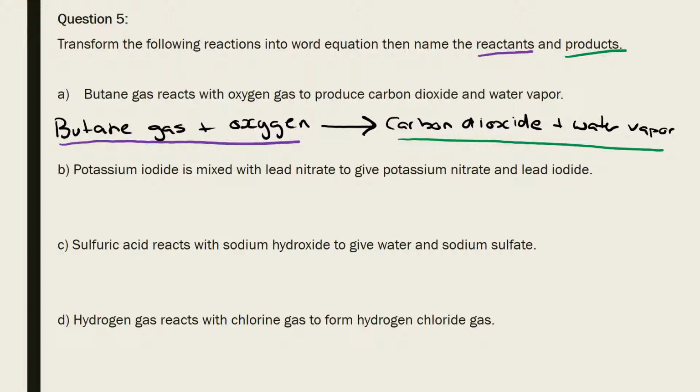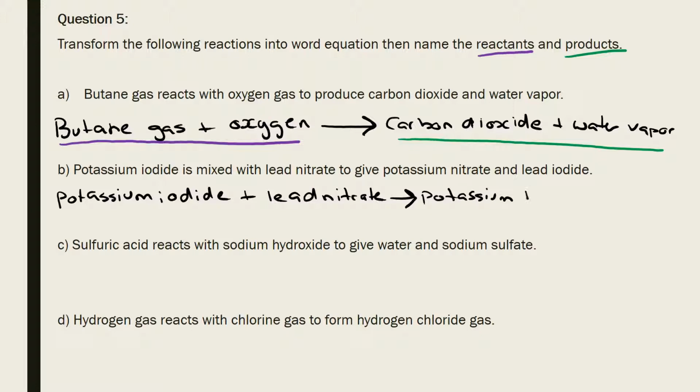The second one says potassium iodide is mixed with lead nitrate to give potassium nitrate and lead iodide. So we've got potassium iodide plus lead nitrate, to give us, we put an arrow, potassium nitrate plus lead iodide.